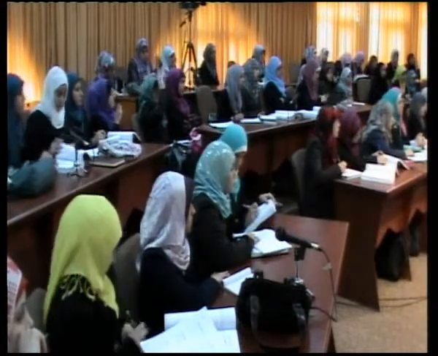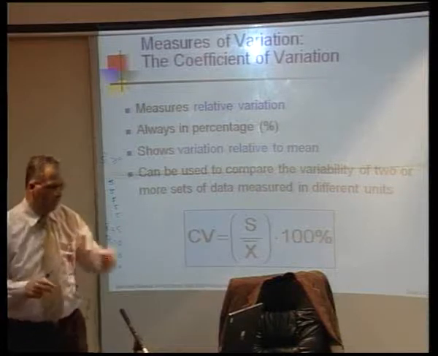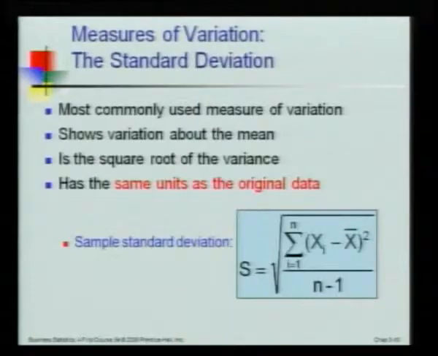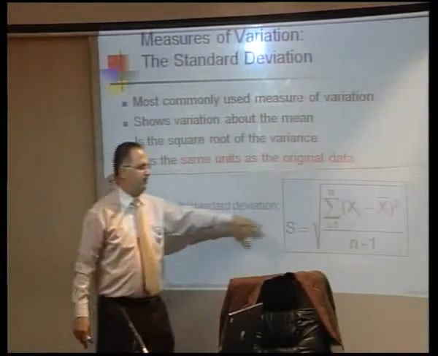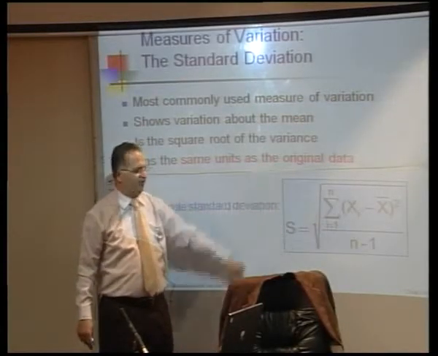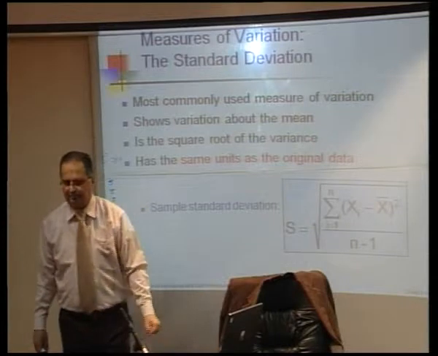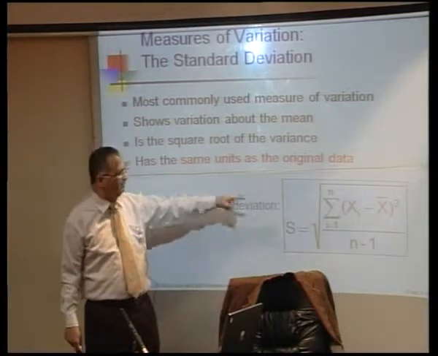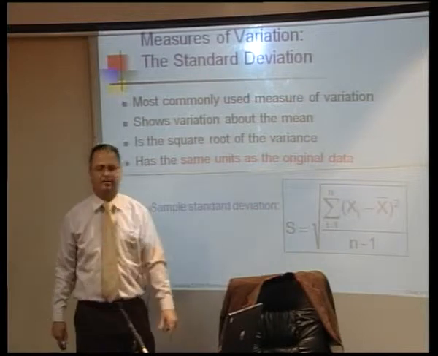Now do you think outliers affect the variance and standard deviation? We said that outliers affect the range and the mean. Now it's about standard deviation. Look at this formula again: sum of xi minus x bar squared divided by n minus 1. In order to compute the sample standard deviation, we have to compute the mean first.